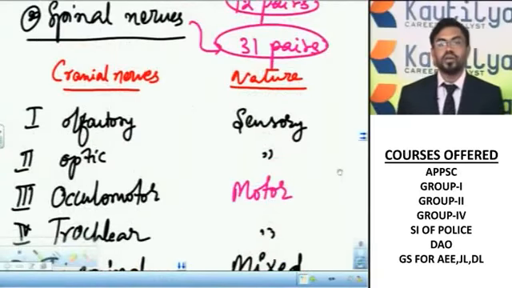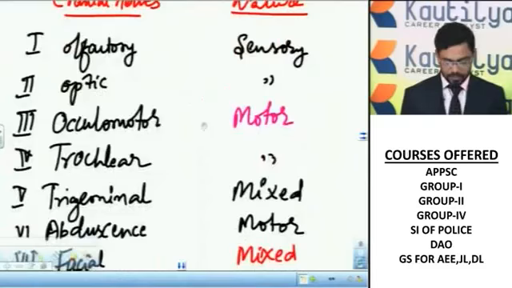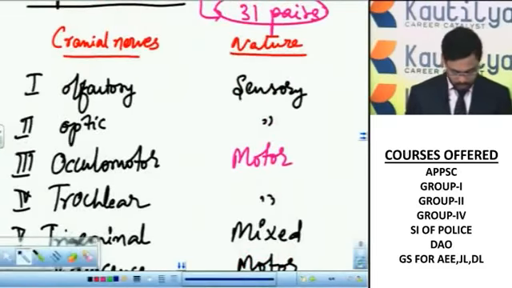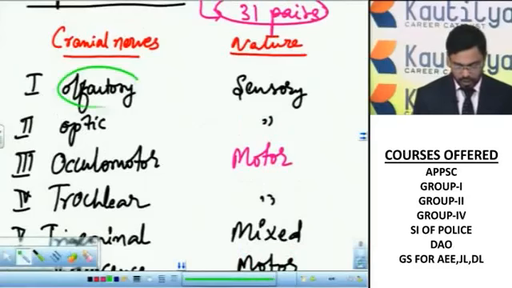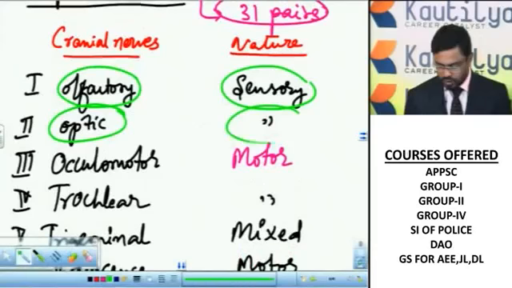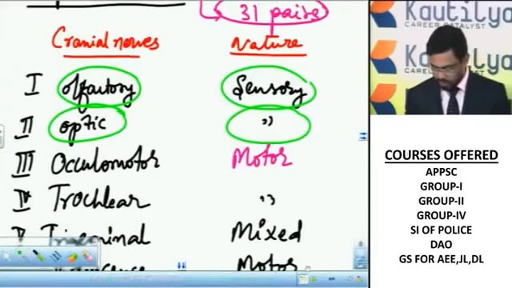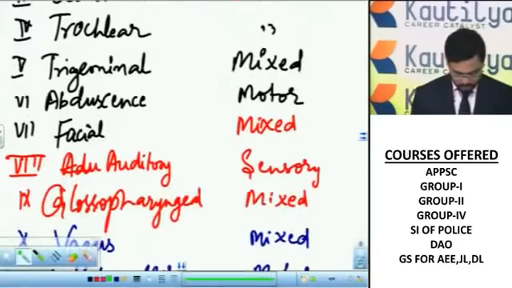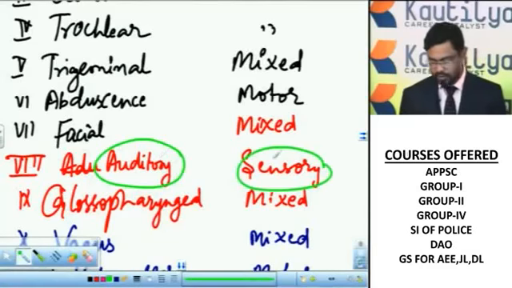The cranial nerves originate from the brain. The olfactory nerve is sensory. The optic nerve is also sensory. The auditory nerve is also sensory.